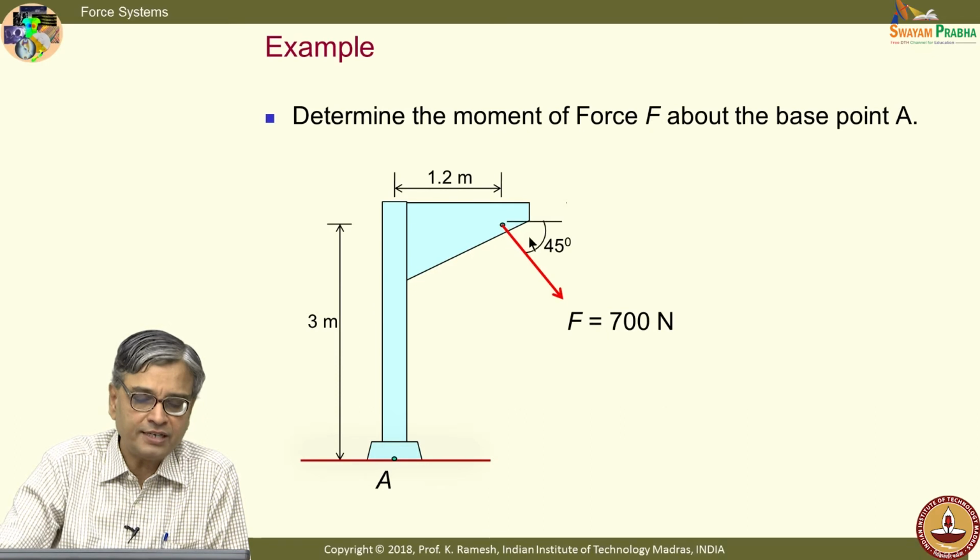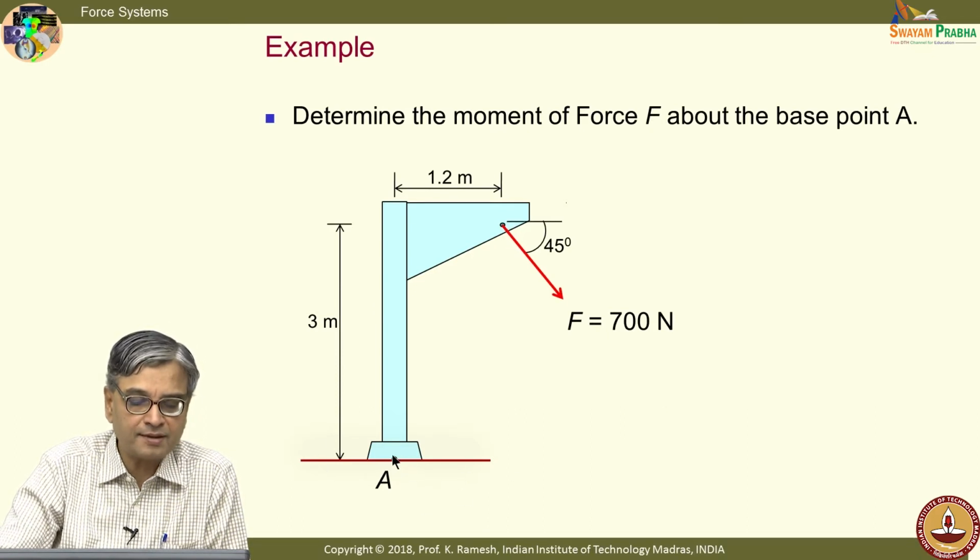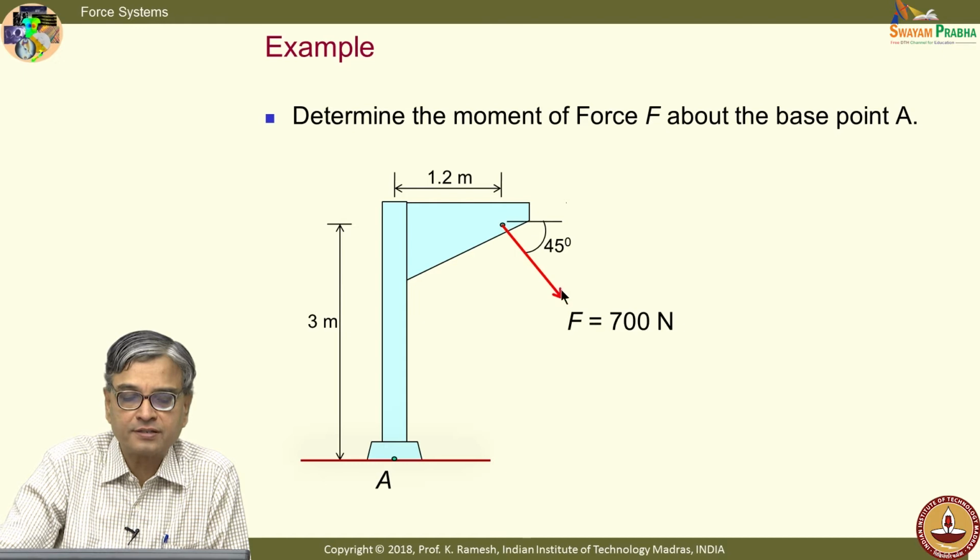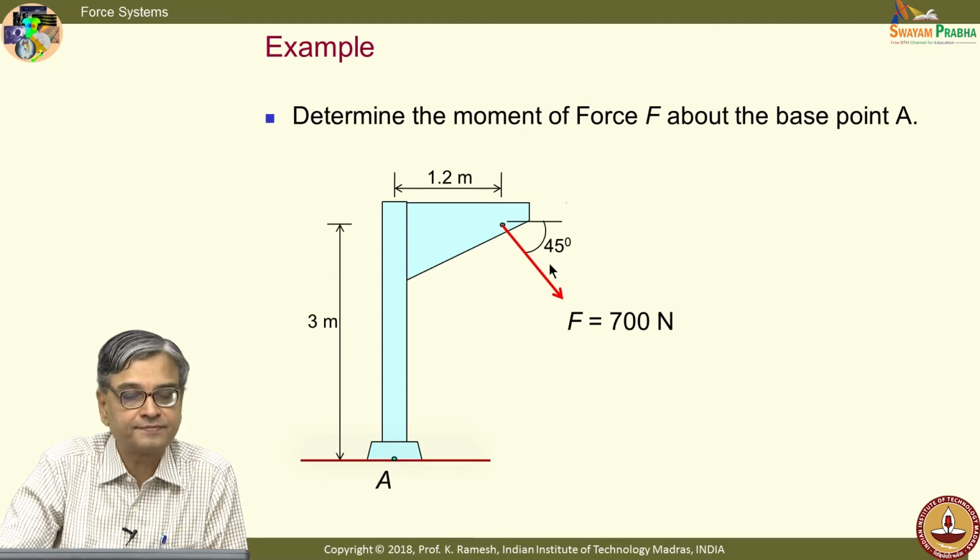I have an object, this is the ground. I have a point A, this is marked on the ground, and I have a force of 700 newtons acting at this point, oriented at angle 45 degrees.